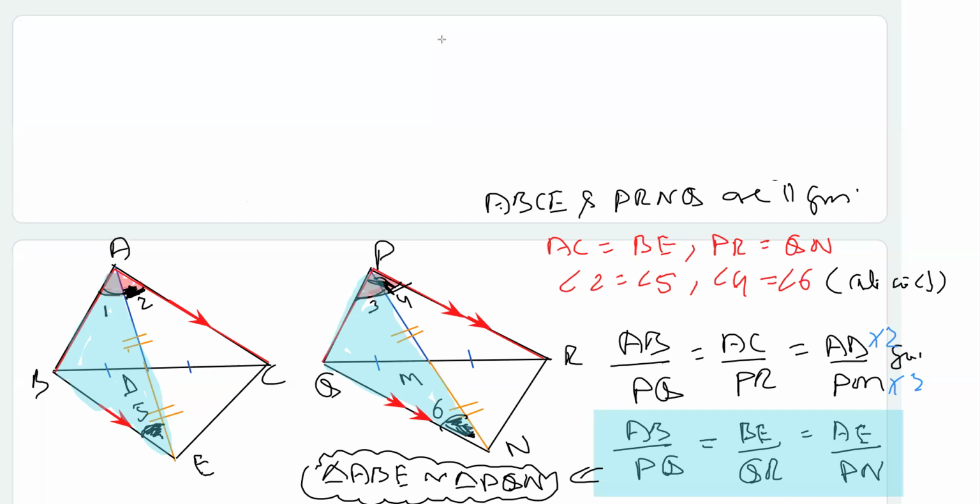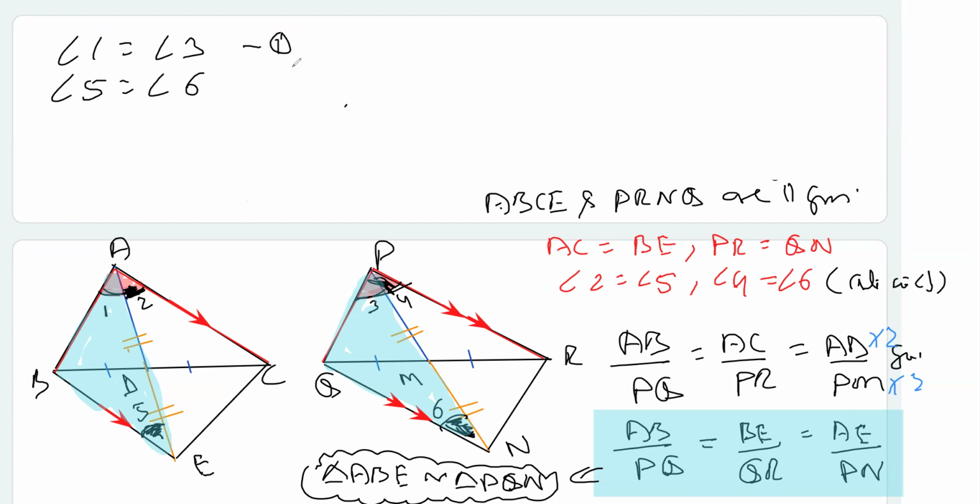Now, once we have proved these two triangles similar, I can write angle 1 is equal to angle 3. That's because of corresponding angles of similar triangles. And I can also write angle 5 is equal to angle 6 for the same reason, right?